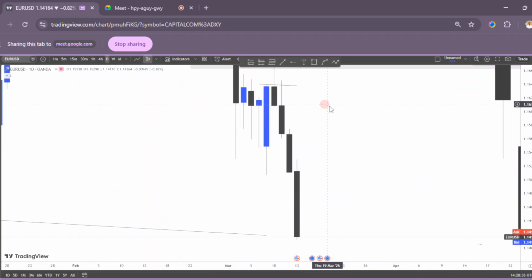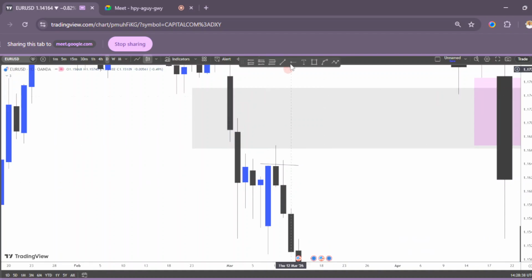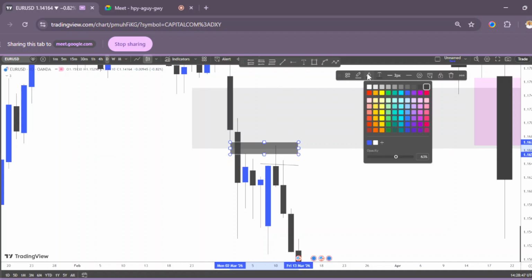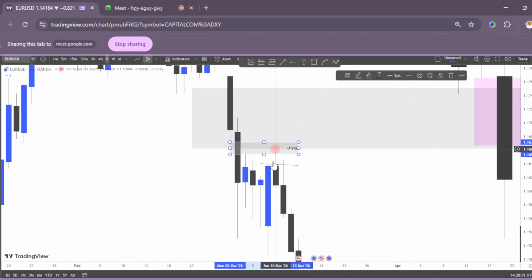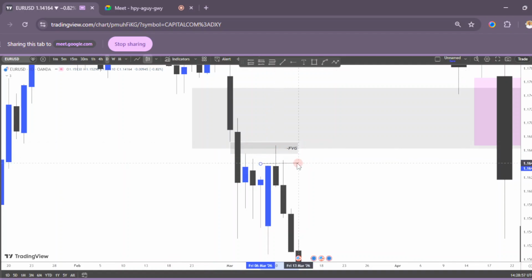Look at this fair value gap here, a bearish fair value gap. You see, we reacted from this bearish fair value gap here, giving us a midweek reversal.